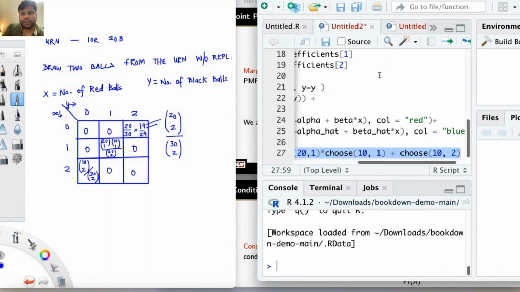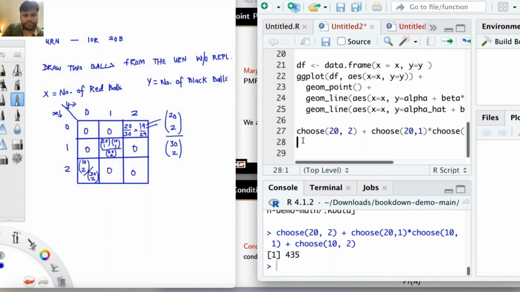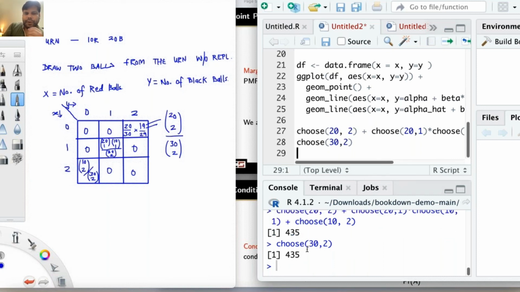Let's run this. You get a number 435. Let's compare it with 30 choose 2, which is the same thing. So this is a valid joint PMF. Is that clear?